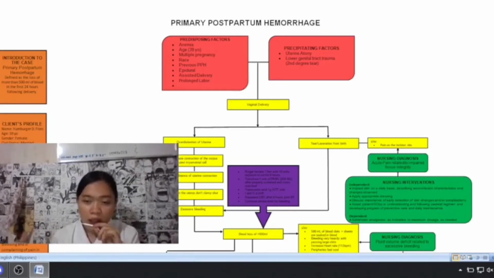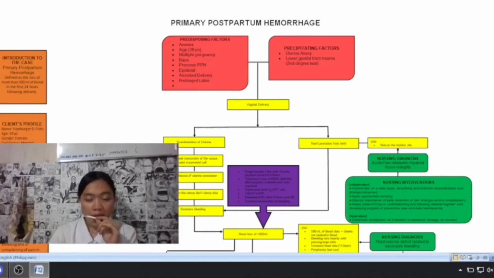Our patient has signs and symptoms like pain on the incision site. The nursing diagnosis is acute pain related to impaired tissue integrity. The nursing interventions are to inspect the skin on a daily basis, to check if there is any improvement in the wound or a sign of infection.